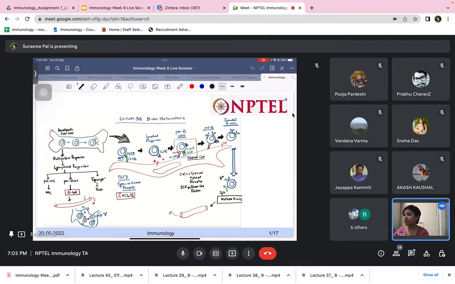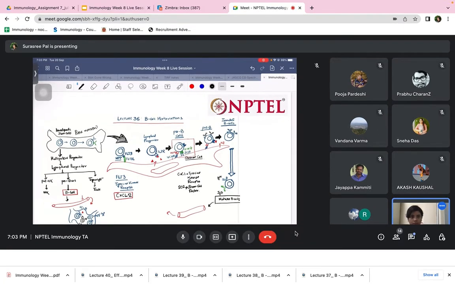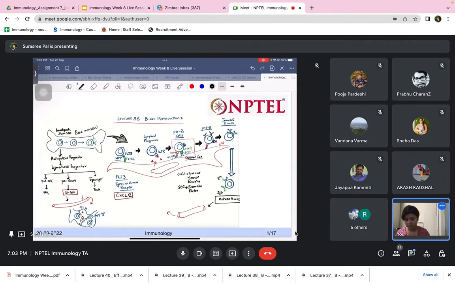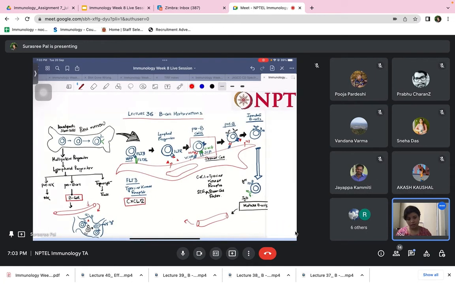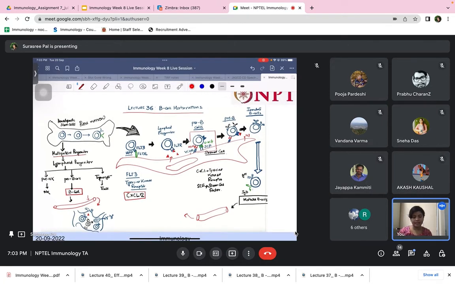So they originate in the bone marrow and they first form these multipotent progenitor cells. The multipotent progenitor cells will finally give rise to the lymphoid progenitor cells.